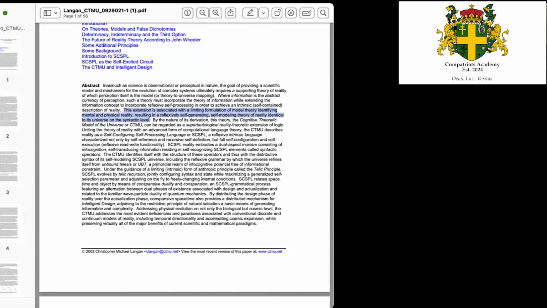So a limiting formulation of model theory, this is actually a really interesting sentence for a lot of reasons. It's because all the great advances that we've made in science over the last however many centuries, or at least most of them, have not totally disproved the previous theory, but instead taken the previous theory as a limiting model of the former.